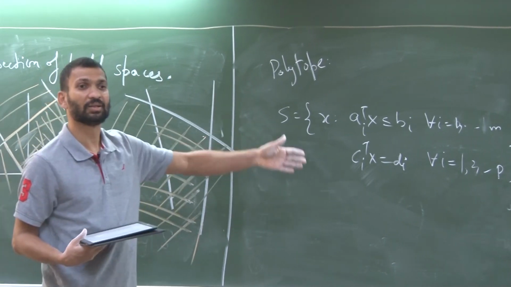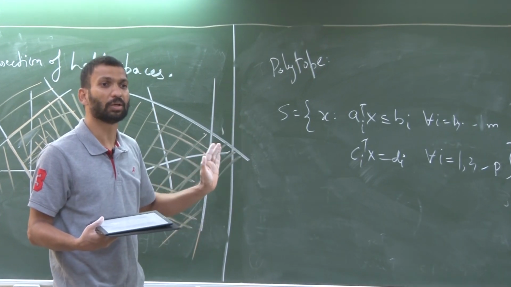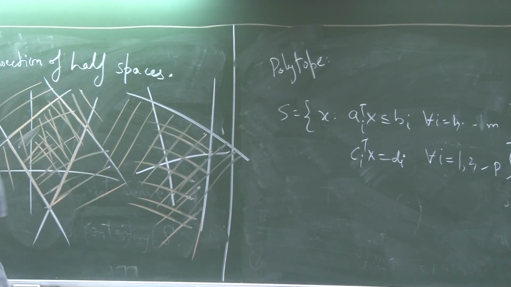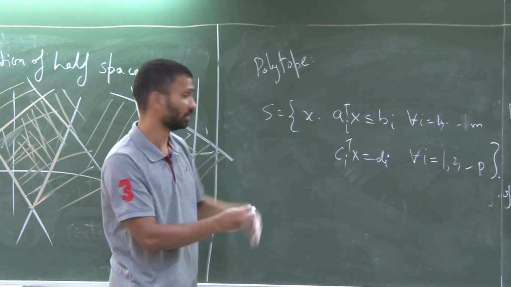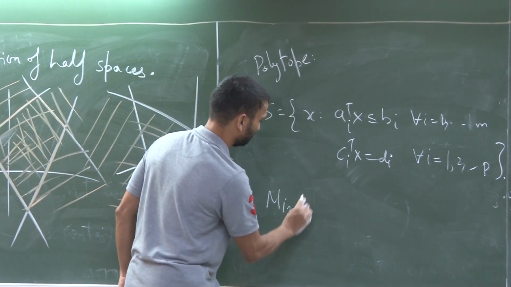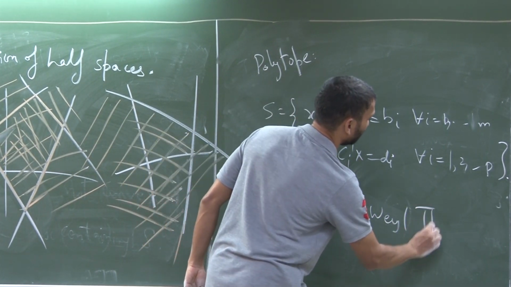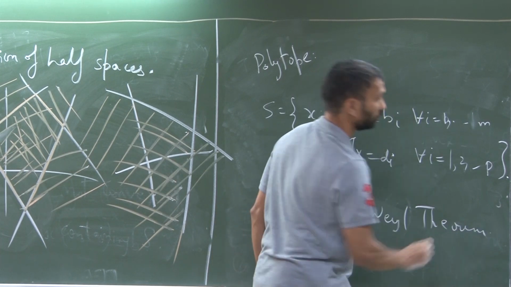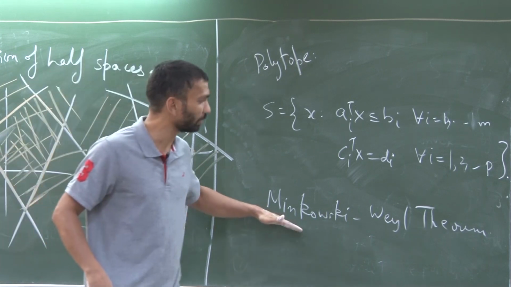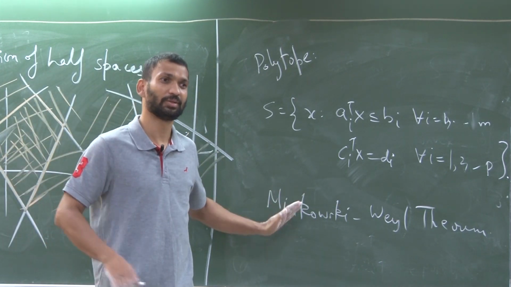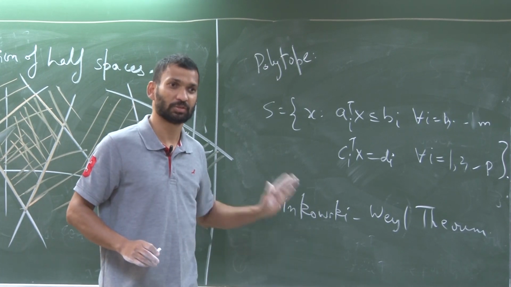So, any set which is kind of intersection of our constraints is going to be a polytope. And to prove that this is same as the geometric picture is called Minkowski-Weyl theorem, and we are not going to worry about it. We just thank Minkowski and Weyl that they proved it. It's going to be very useful, but kind of not that easy to prove. So you will skip it.